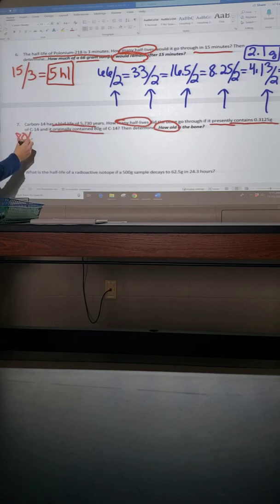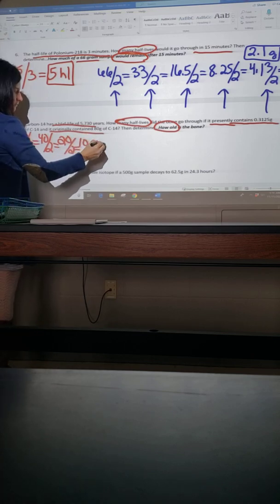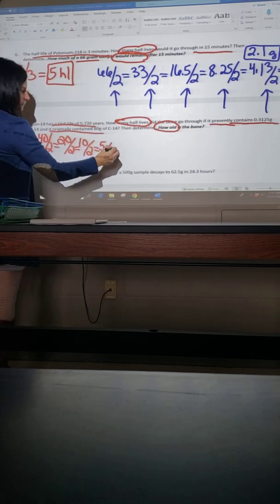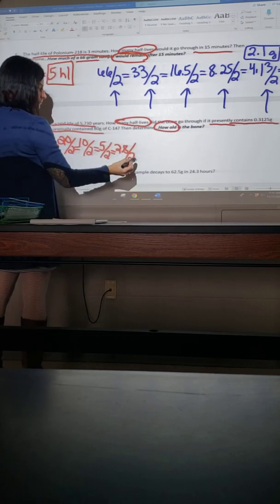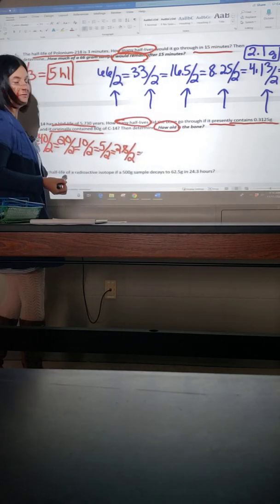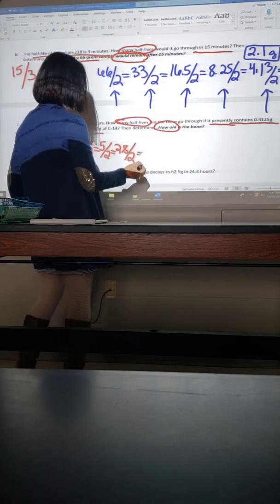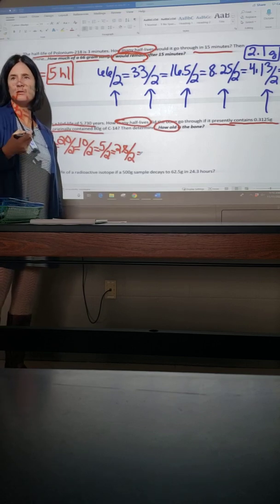So let's start dividing. 80 divided by 2 is what? 40 divided by 2 is what? 20 divided by 2? 10 divided by 2? 5 divided by 2? 2.5. 2.5 divided by 2? 1.25.